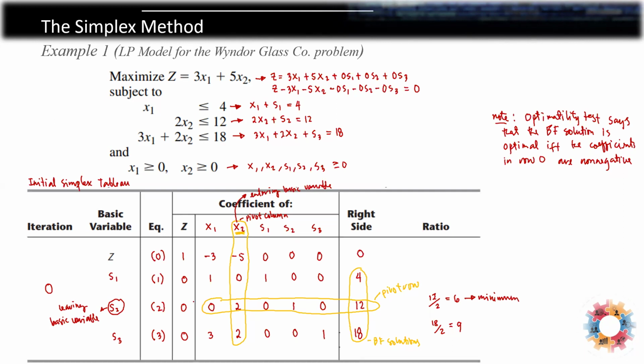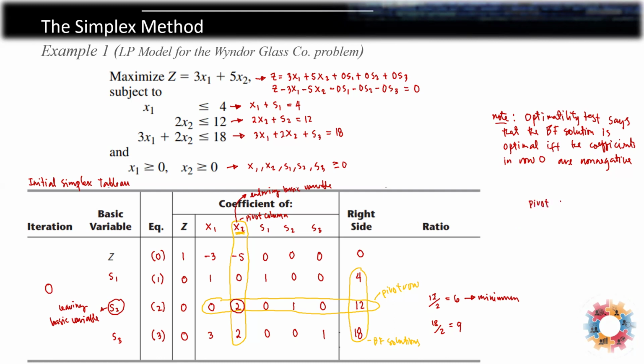Since the initial simplex tableau is not yet the final tableau because it fails the optimality test, that means that we're going to iterate. But in our first iteration, you have to take note of the value that lies on the intersection of the pivot column and the pivot row, because that value will be very important.